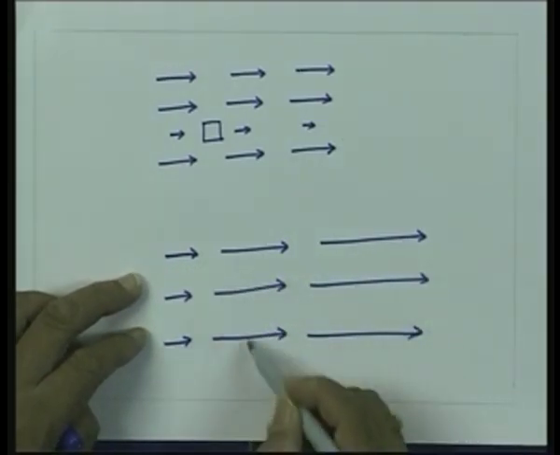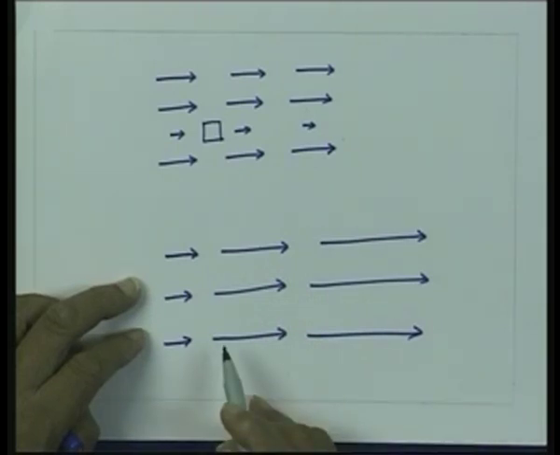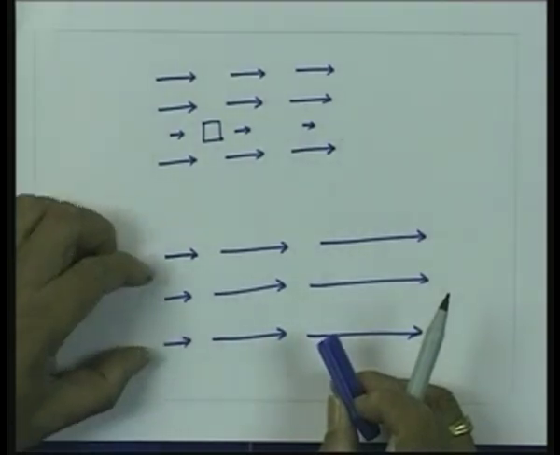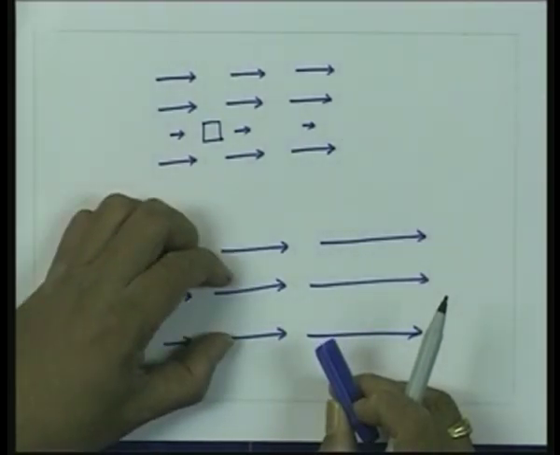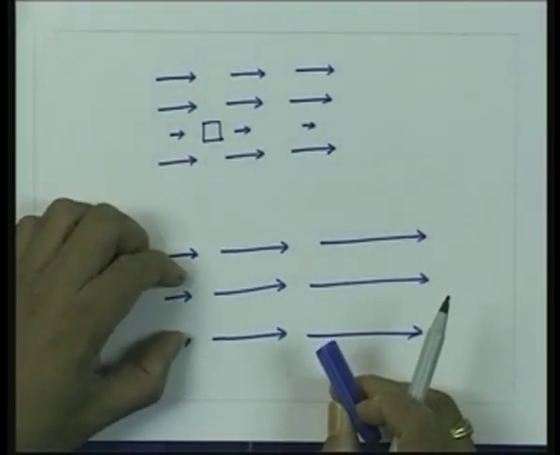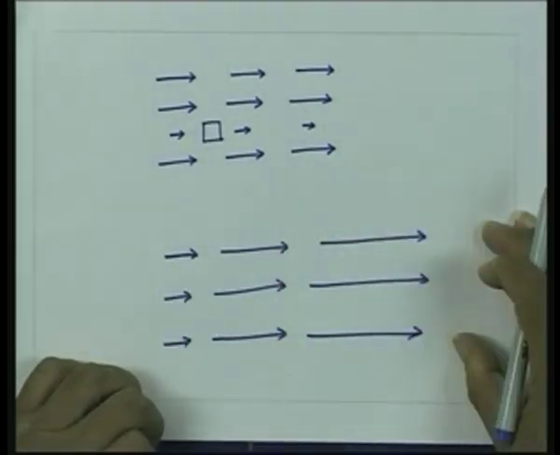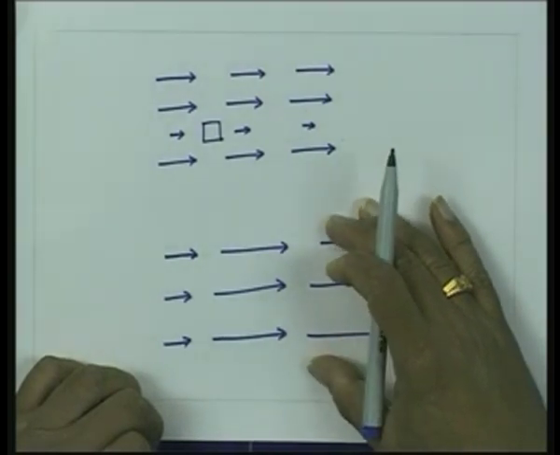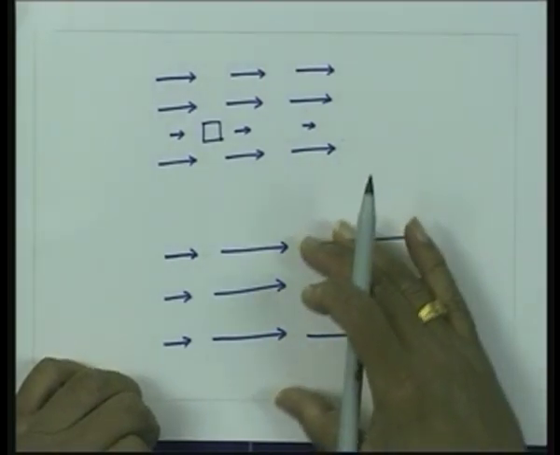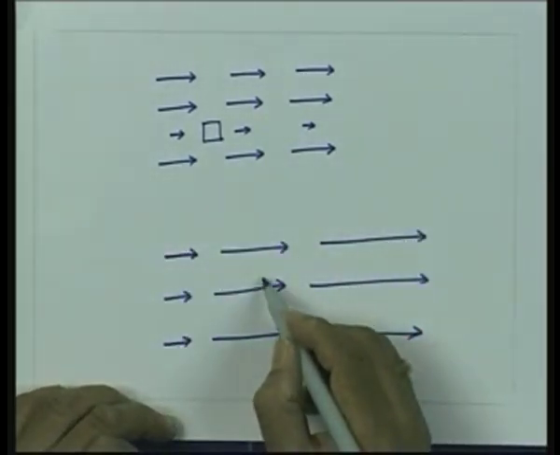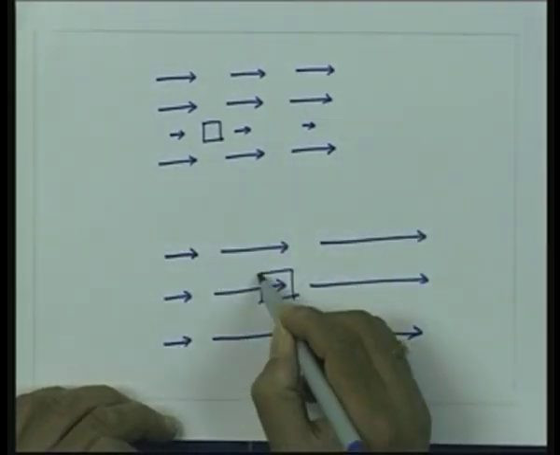If I consider now a small volume in this region, and if I treat this vector like a fluid, it will represent the fluid which is going inside is having the value which is this, whereas the fluid which is coming out of this will be having a magnitude which is much larger. So, then it will give me a net flow of fluid from this volume if I keep some volume at this point.